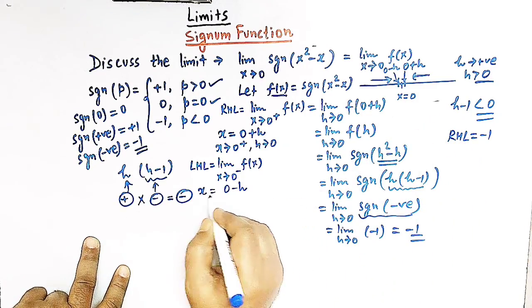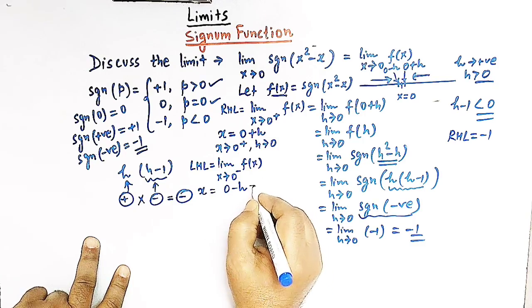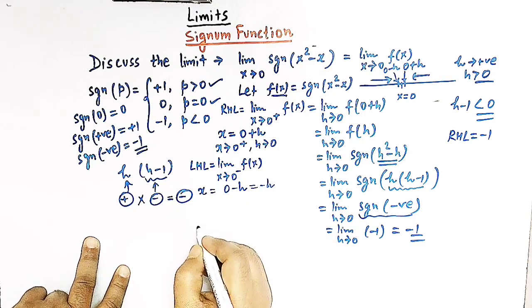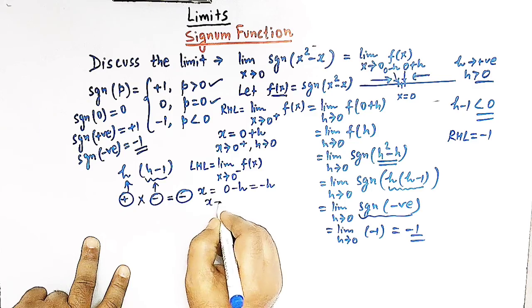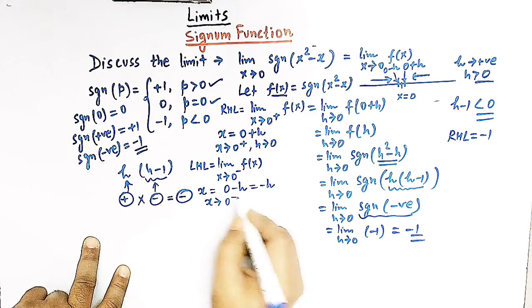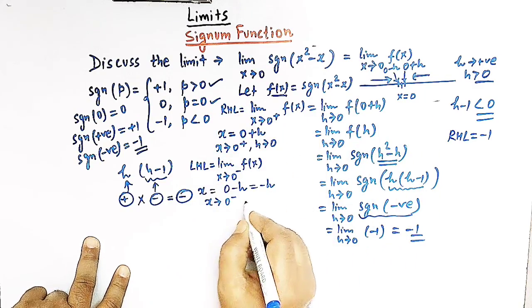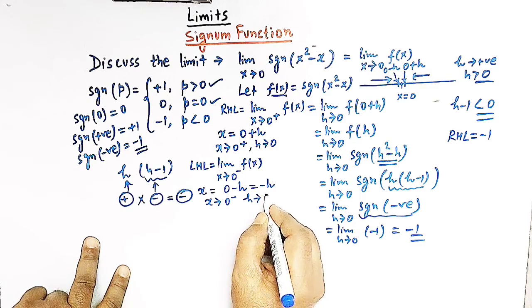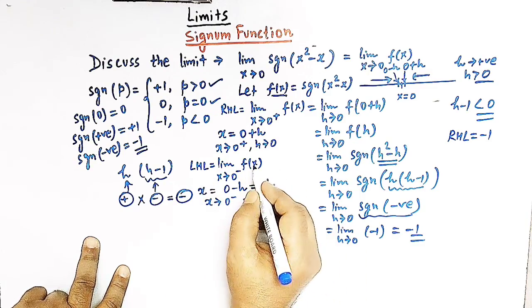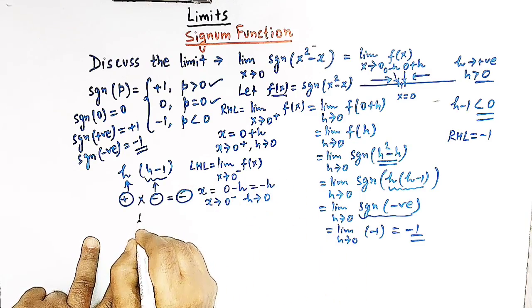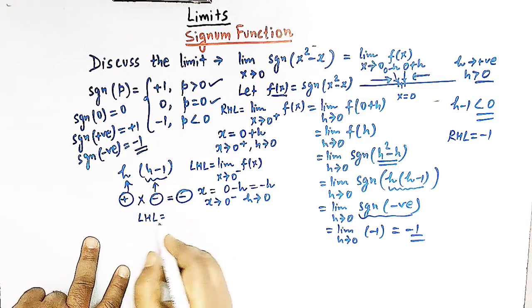So we have now x is equal to 0 minus h, that is minus h, right? And when x tends to 0 from the left of x is equal to 0, then h tends to 0. So now we can write the left hand limit in terms of h.